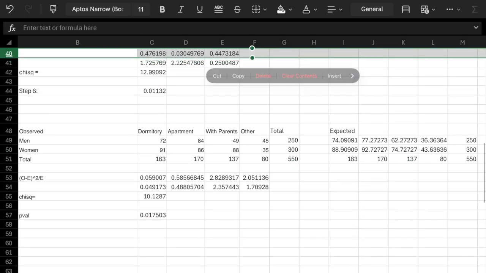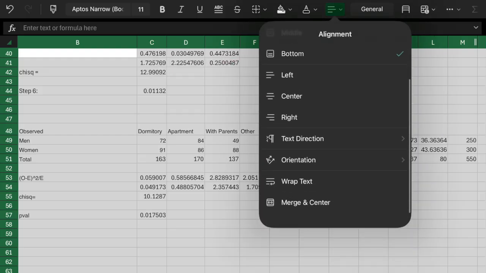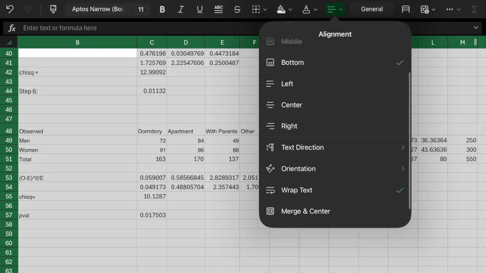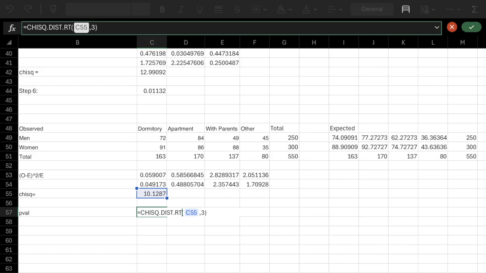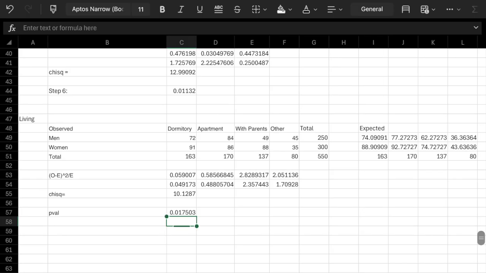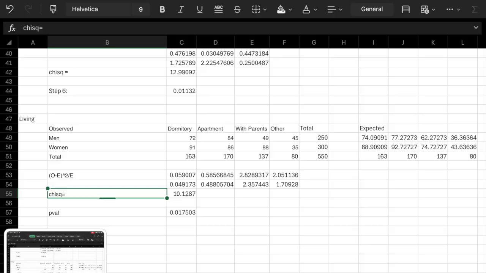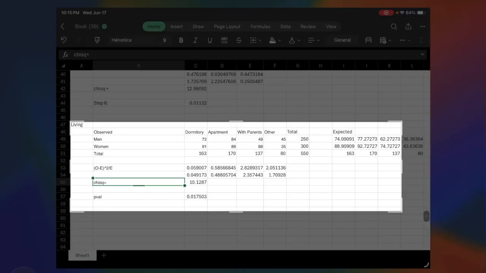There we go. There it is. Enter. 0.175. All right, let's go ahead and screenshot that. And there it is. There we go.